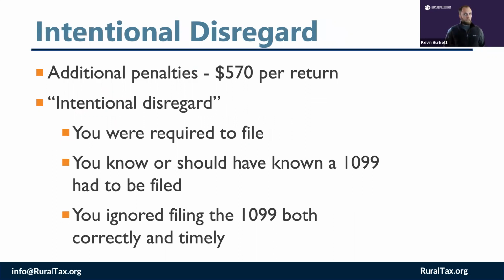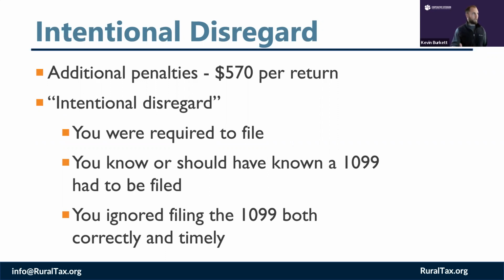And there is an additional penalty that they could add on that they say is intentional disregard. This is where you maybe knew about 1099s, you knew one should be filed, but just basically ignored it and disregarded it. This would be $570 per return.